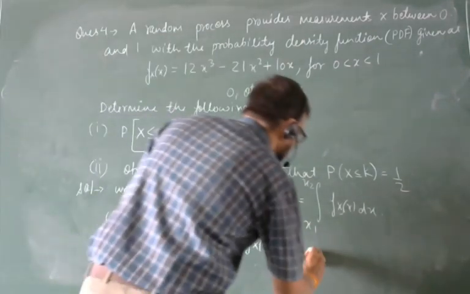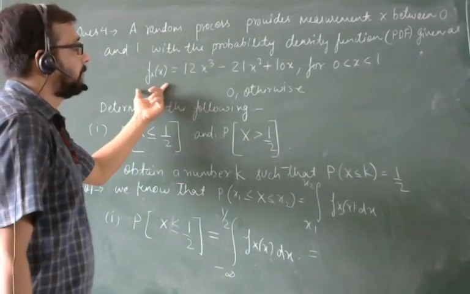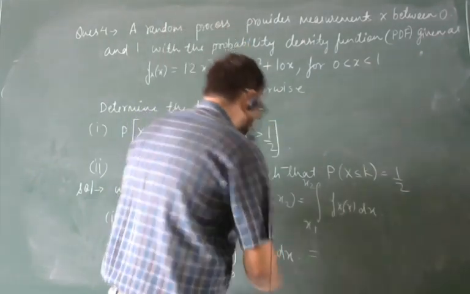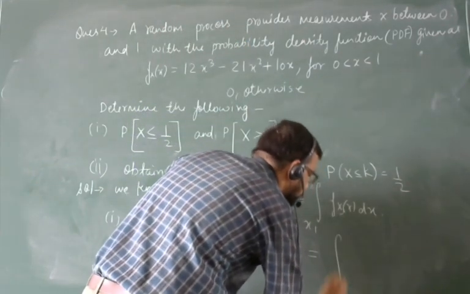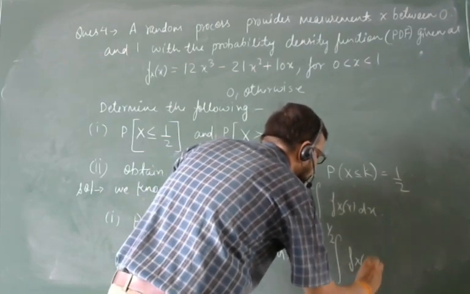But according to the question, this f of x is defined only starting from 0, so the minus infinity limit changes to 0, giving the integral from 0 to 1 by 2 of f of x dx.